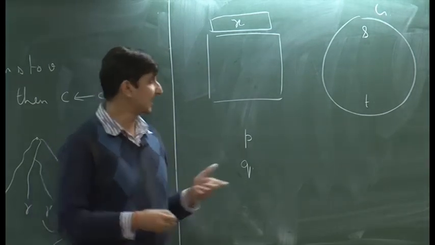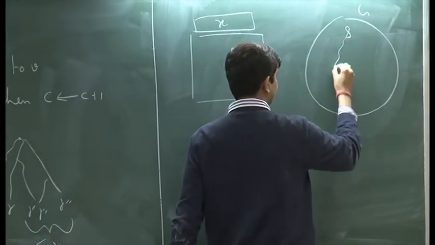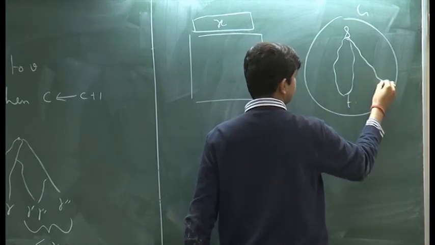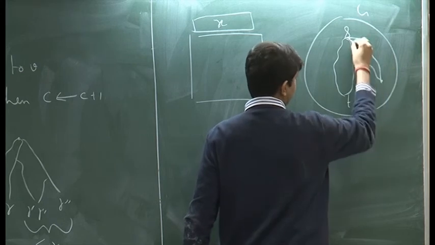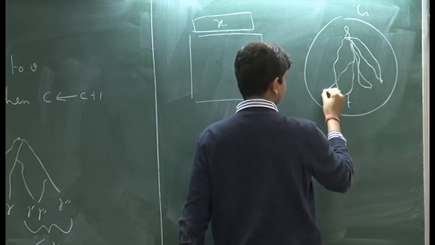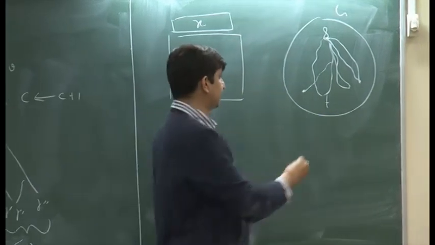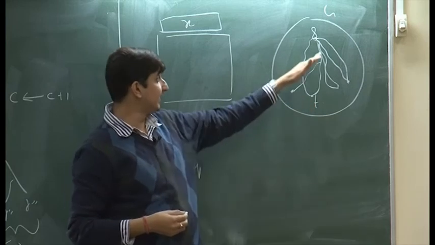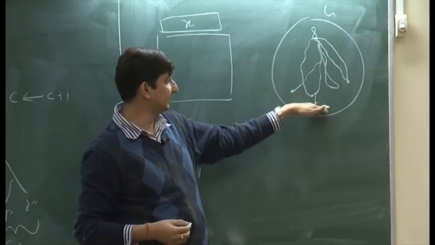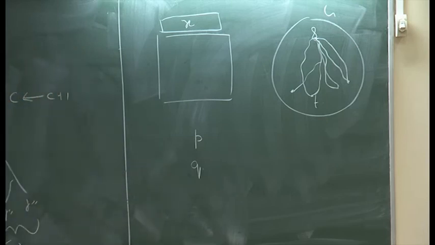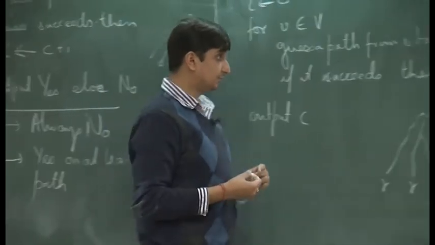There can be many different paths from S to T, there can be paths which lead to other vertices, and there are many ways in which I can land up at different vertices in this graph, but the point is that if there is a path from S to T, there is at least one path which will land me up at T.